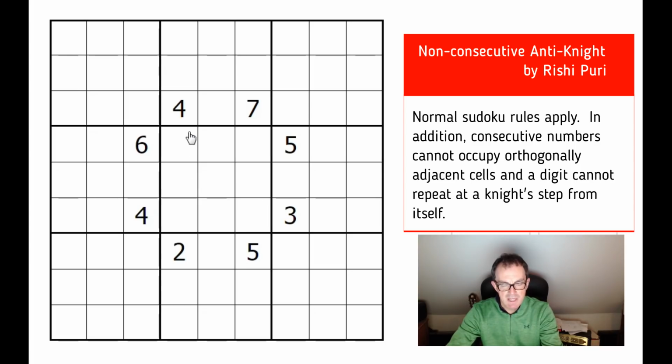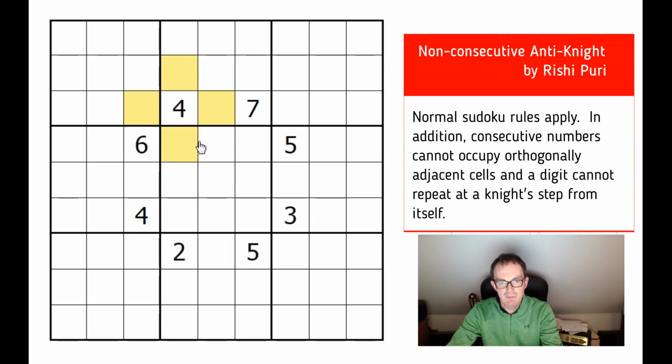So the first extra condition here is that it's a non-consecutive Sudoku. Now that means that if we look at this 4 as an example, in the squares adjacent to the 4, there could not be a 3 or a 5 because obviously they are consecutive with a 4, so they couldn't be in any of those connected squares. And the second extra condition here is an anti-knight's move condition.